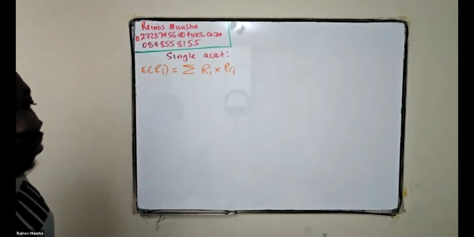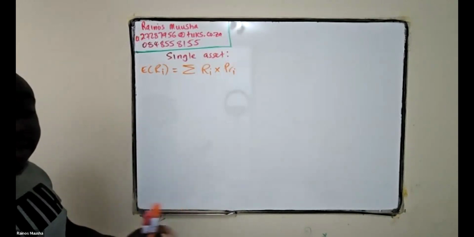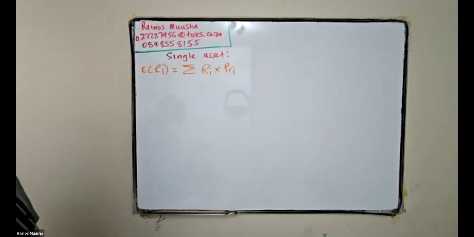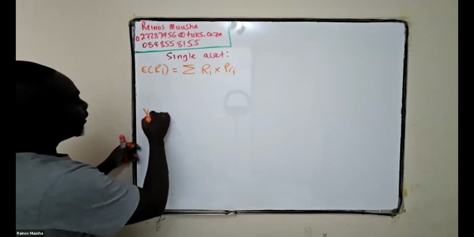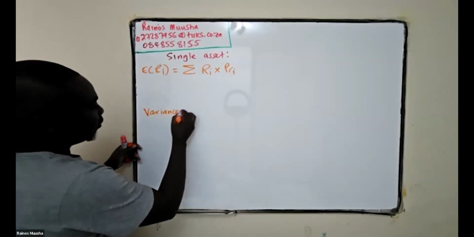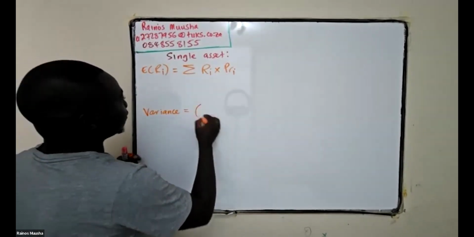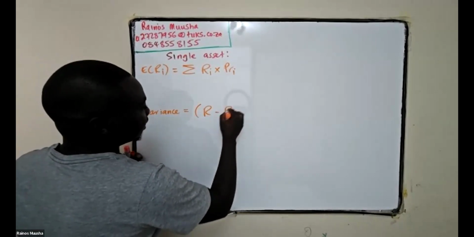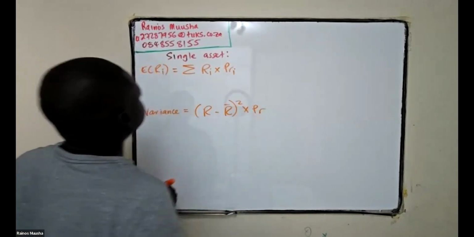Next, remember we said we're now looking at the linkages between risk and return. When you're determining the risk of a single asset, the first step is to determine the variance of that asset. For a single asset, the variance is given as the return minus the expected return, squared, multiplied by the probability.